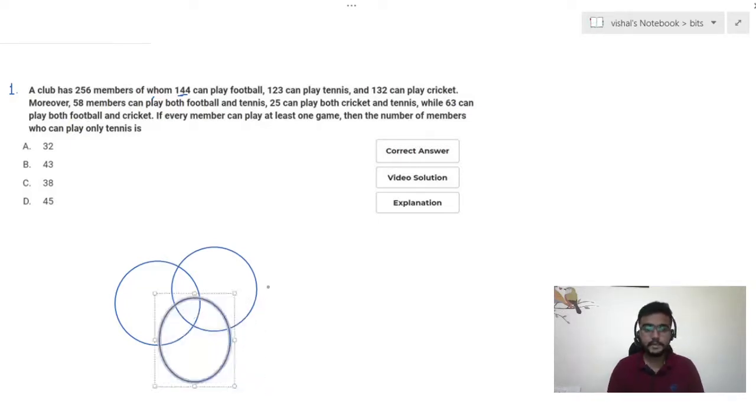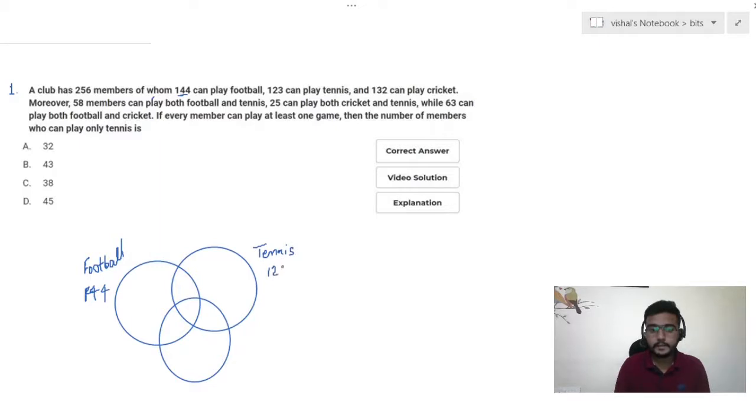These are the three different data which are given. So 144 players play football, 123 players play tennis, and 132 players play cricket.